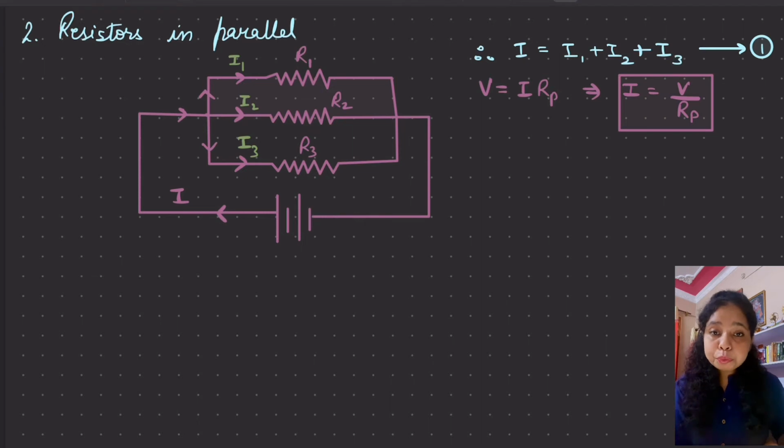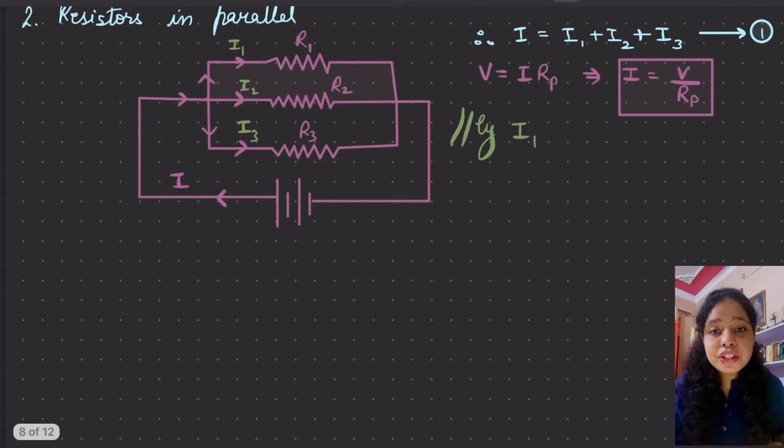And now we are having three resistors which are connected in parallel. So in parallel combination, we know that different current flows through the resistors, but same potential exists across the terminals of the resistor. So we can say V upon R1 is equal to I1, and V upon R2 is equal to I2, and V upon R3 is equal to I3.